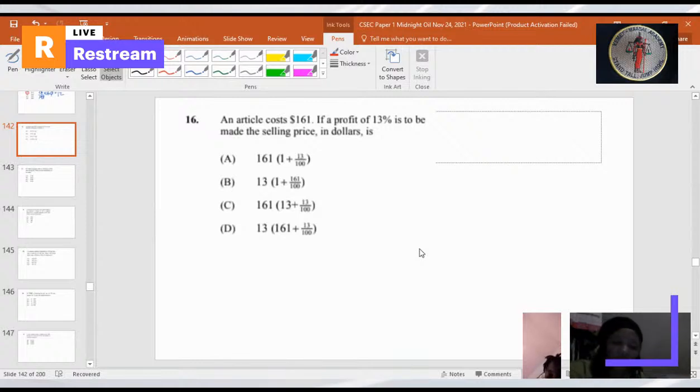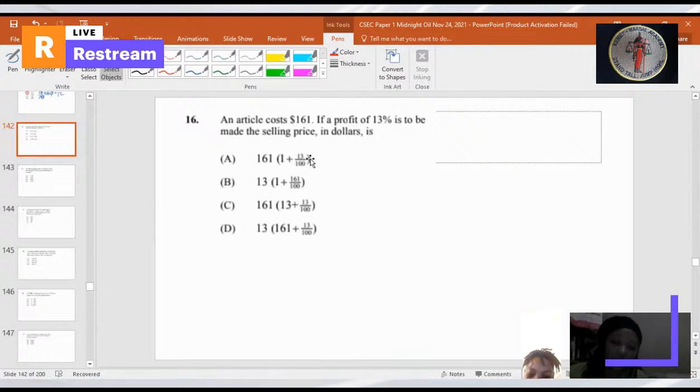All right. So if you're going to make a profit of 13%, which one of those would represent the price that you're selling the article for? I can't zoom in on these things, but each of these is saying plus 11 over 100.